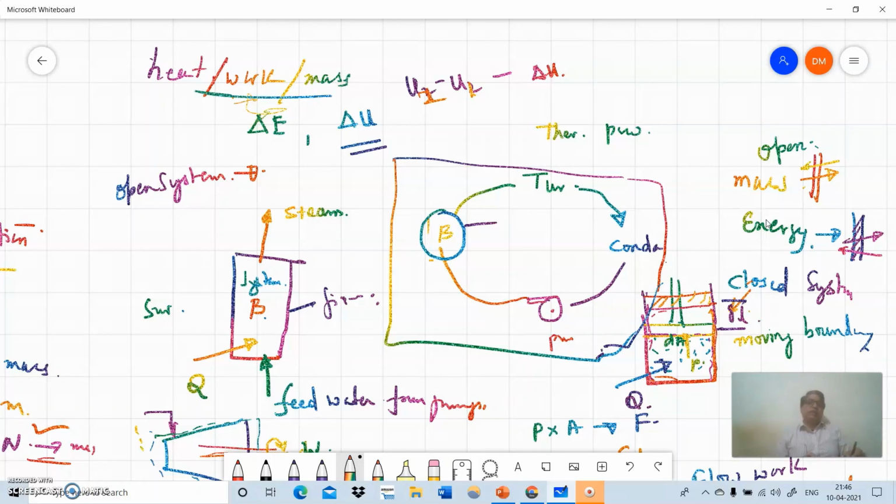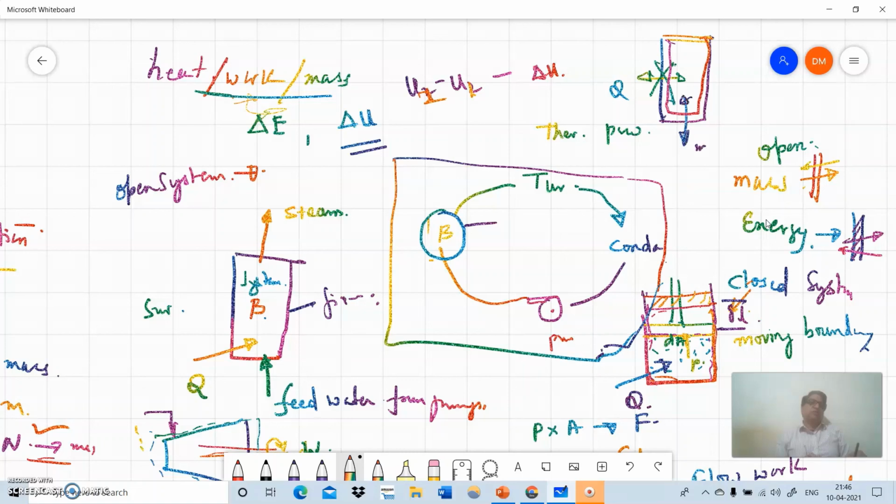Say for example, a perfect thermos flask, right? It is adiabatic, there is no heat transfer. If you take a perfect one, there is no heat transfer across its boundary, and no mass transfer.